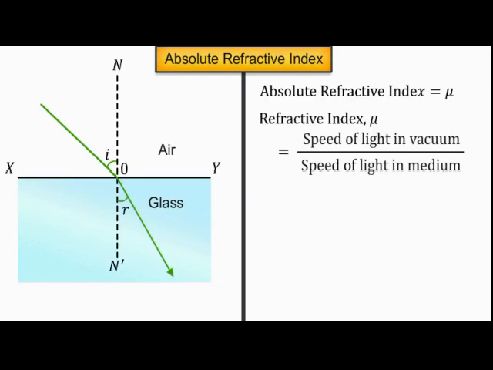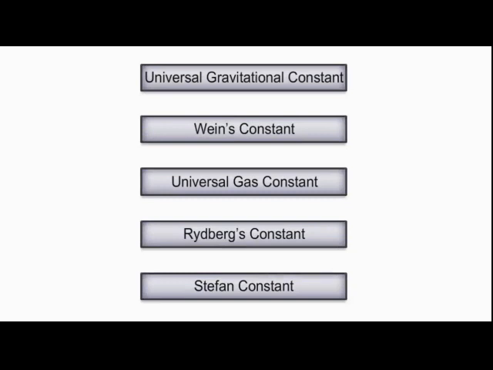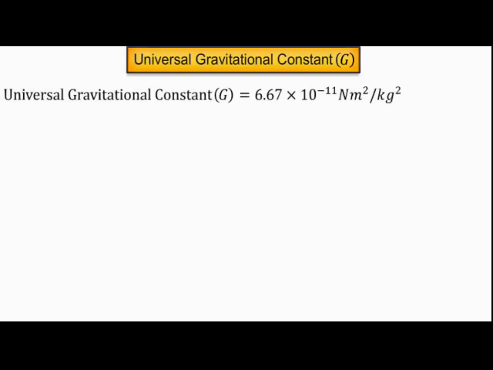We also have certain physical constants, each of which has a unit as well as dimensional formula. For example, the universal gravitational constant G is a constant whose value is 6.67 into 10 power minus 11 Newton meter square per kg square and is denoted by the expression G is equal to force F into distance d square by mass m square.